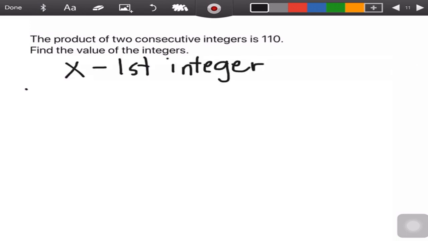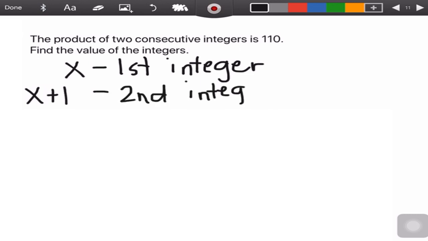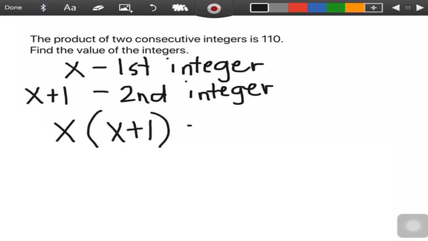And then consecutive meaning the number after x. So if we have 1 as the integer, the consecutive integer of 1 is 2. So we will just add 1 to the first integer to get the second integer. And then it says that their product is 110. So we will multiply the first integer and the second integer, and then the product is 110.